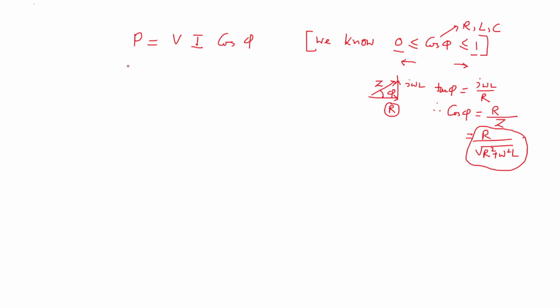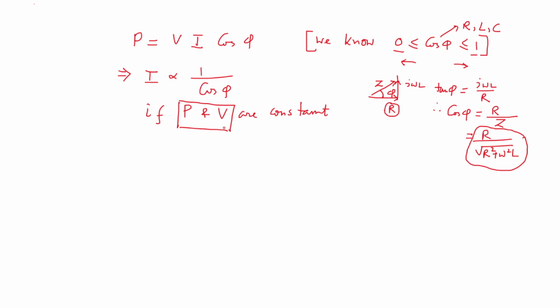From here we can write I is equal to P by V cos phi, that is, I is proportional to 1 by cos phi, if P and V are constant. Let us consider this fact for the time being: active power and voltage remain constant.